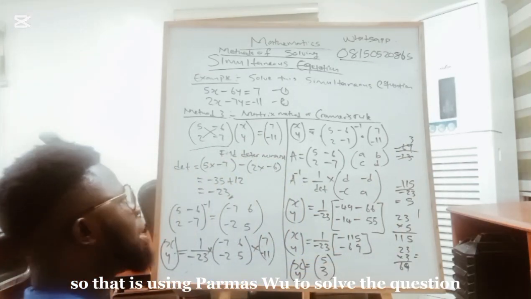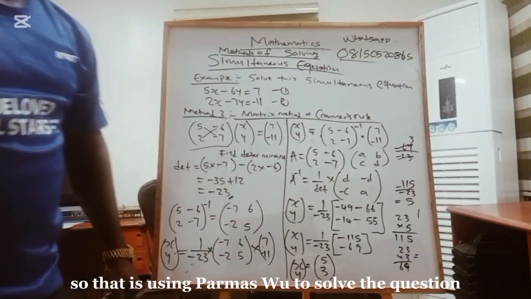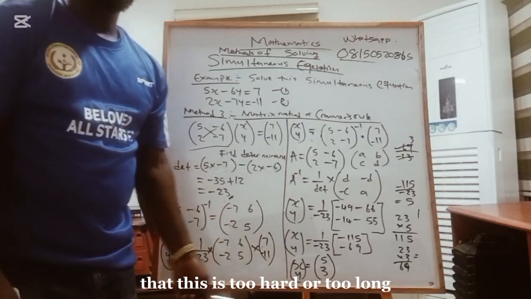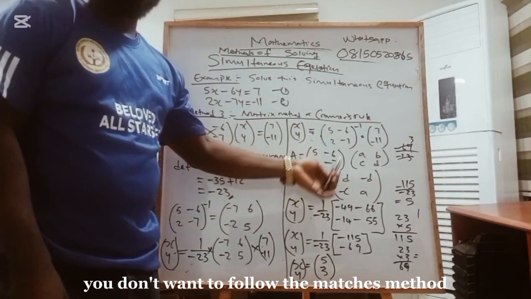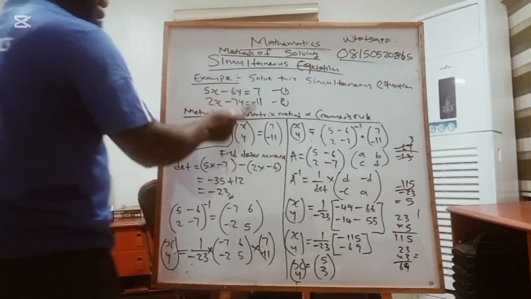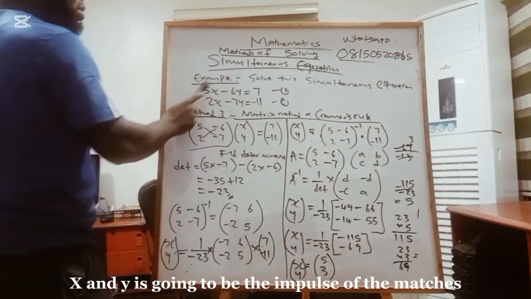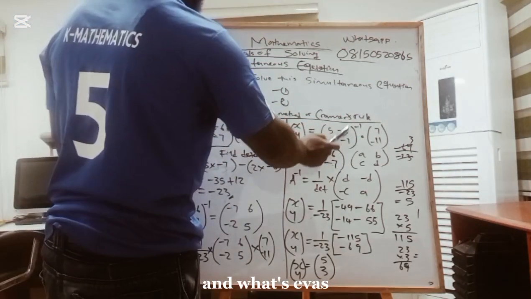So that is using Cramer's rule to solve the question. But for some of you that are looking at this and think it is too hard or too long, if you don't want to follow the matrix method, don't forget the law to get your x and y: x and y is going to be the inverse of the matrix times the result. And what's the inverse?